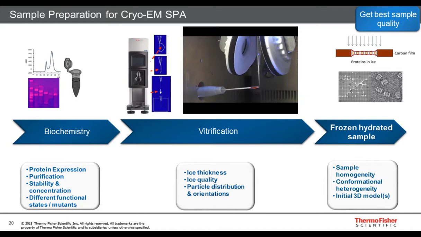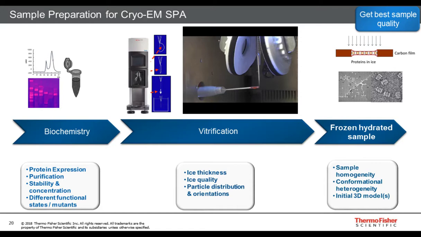If that turns out to be good, then another screening can be done under cryo conditions, where you look at the same parameters, but in addition to that, you also look at the quality of the ice. Again, it needs to be amorphous, but also look at the thickness of the ice. This screening process is a trial and error process in general.